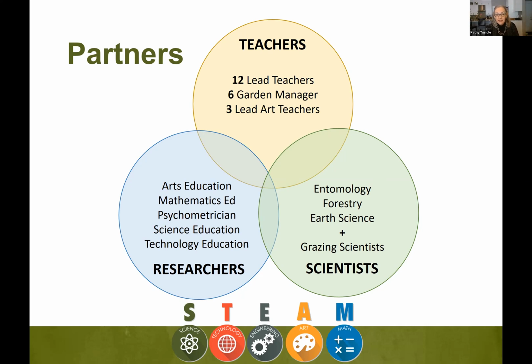We have 3 scientists on the education team: an entomologist, Caitlin, forestry with Rita. Rita is a glutton for punishment. She has a PhD in science education and forestry, and then earth science with Larry, and they're going to talk with you later. But we also are interfacing with the grazing scientist.